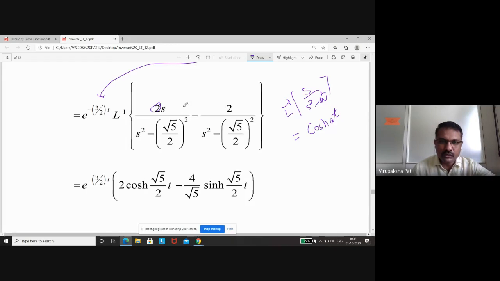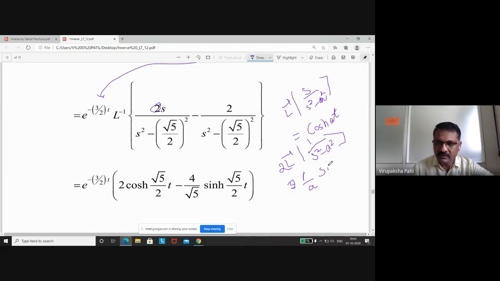And here, if you take this 2 outside, that is L inverse of 1 divided by s square minus a square, so that becomes 2 into bracket 1 by a times sine hyperbolic a t, since the numerator is constant, 1 divided by a.